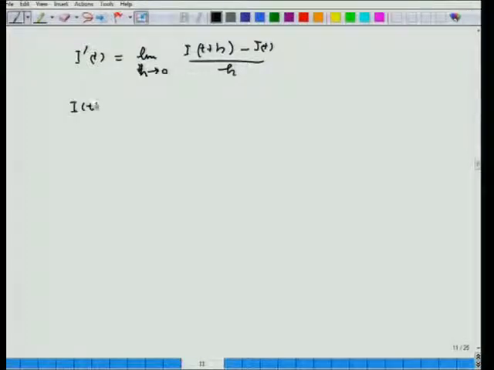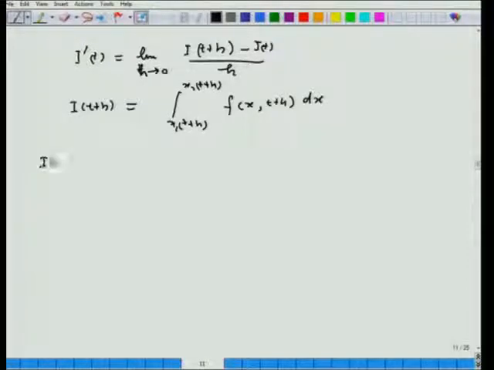I(t plus h) will be given by the integral from x1(t plus h) to x2(t plus h) of f(x, t plus h) dx, and then subtracting.